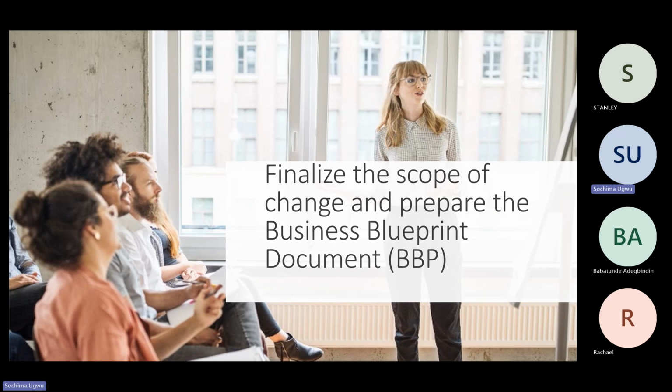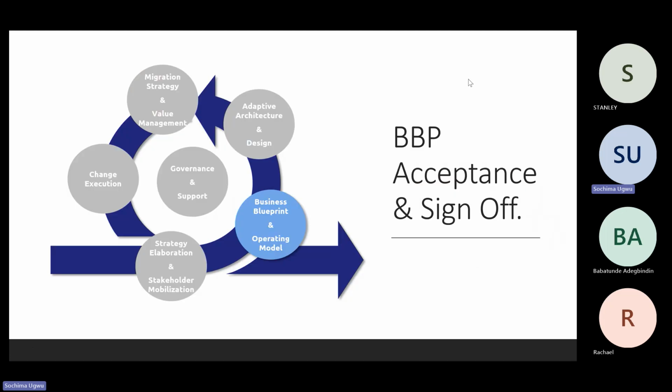But in any case, the blueprint document contains everything, mentioning the gaps which have been identified, mentioning the components or the high level solutions which are going to be offered to the organization in response to those gaps, and so on and so forth. So it's a typical document that has the capability of communicating that kind of knowledge.